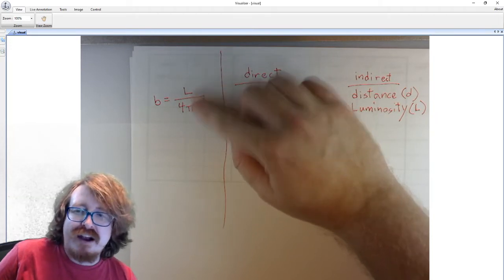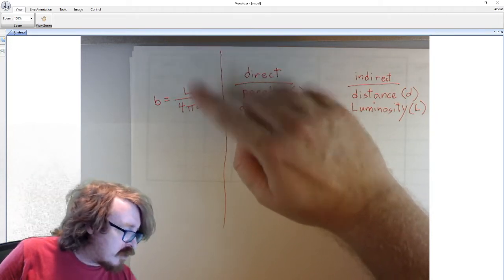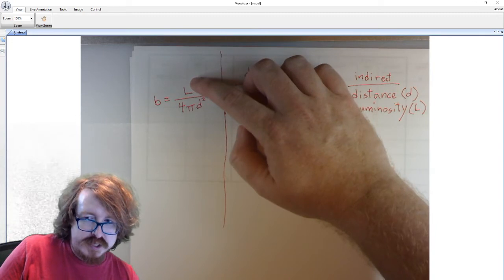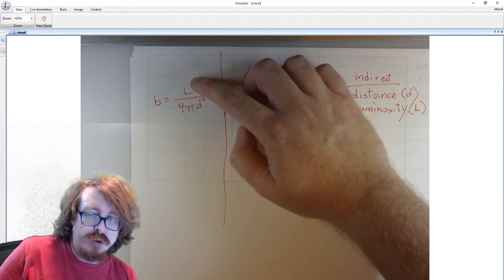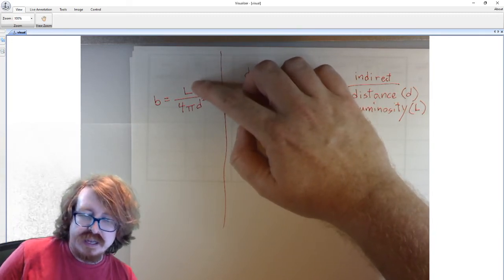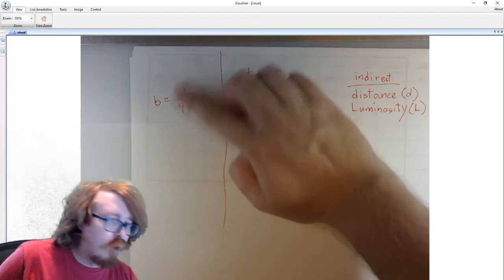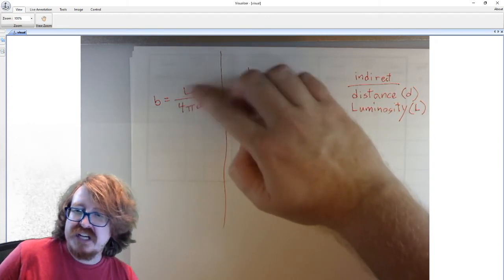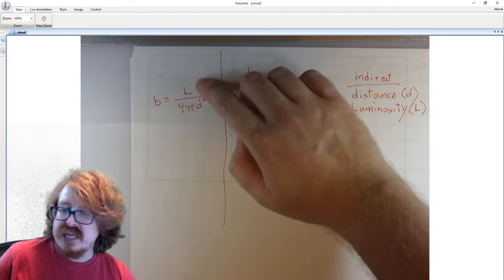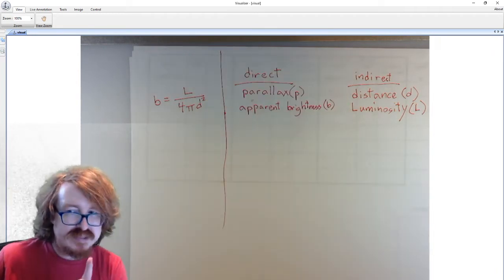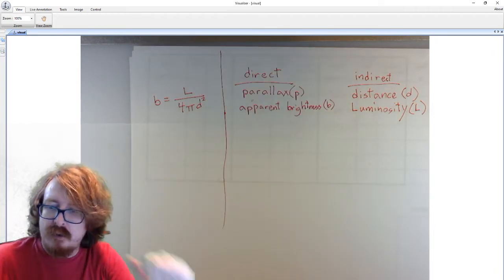If we have a fraction and we increase the top part, what happens to the total? If we were to increase the L here, what would happen to the total we would get if we were to actually calculate this? If you increase the top of a fraction, what happens to the total? Does it go up or does it go down?